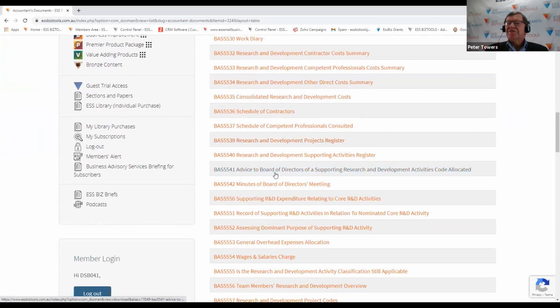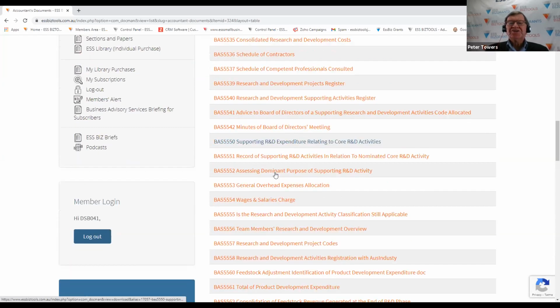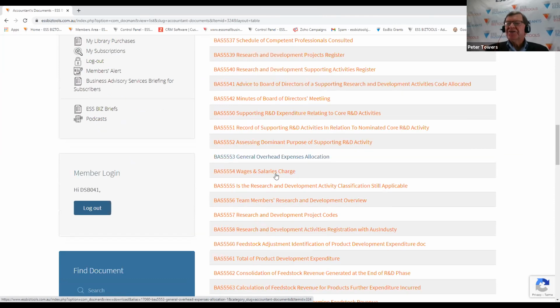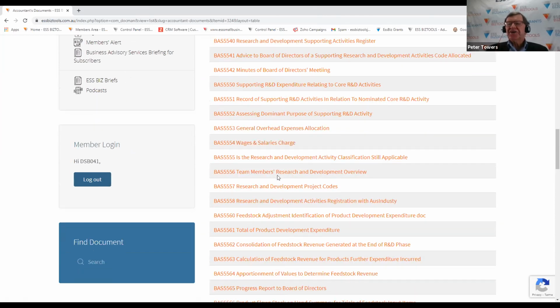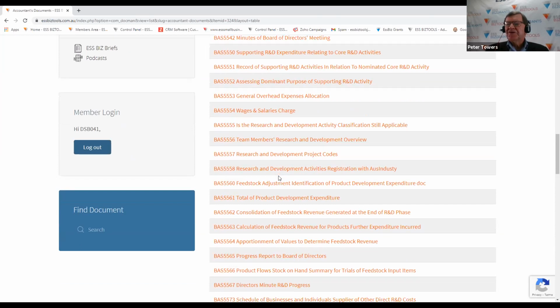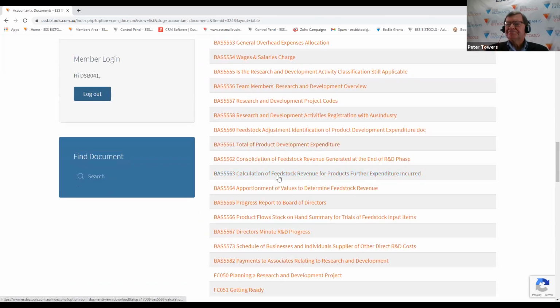And I'm working through to find the flowcharts, which is our latest innovation when it comes to our material to assist accountants and your clients to be able to understand the various aspects of the research and development system.